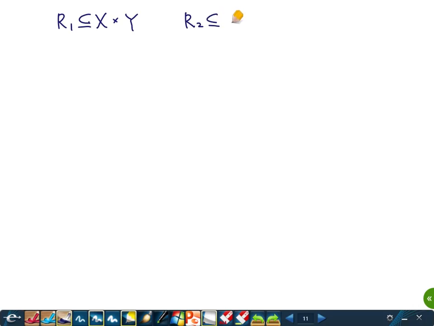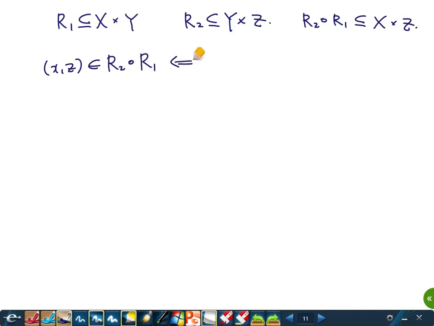R2 is a relation from y to z. Then R2 compose R1 is a relation from x to z. This is what you know. And what does this mean? x comma z is in R2 compose R1. This means there is some y where x comma y is in R1, and at the same time y comma z is in R2, right?